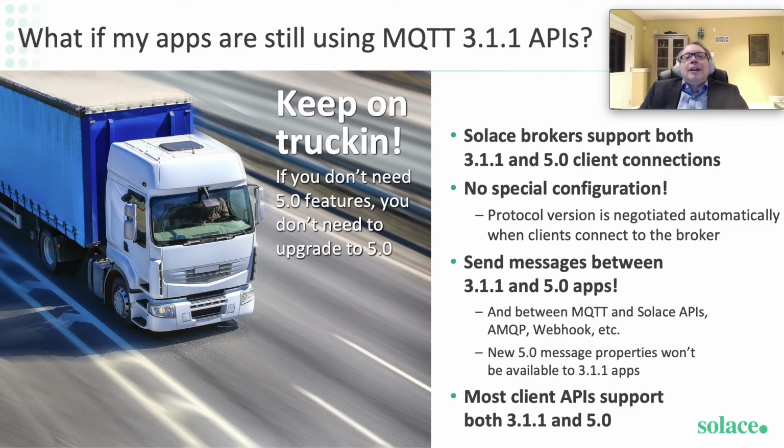There's no need for you to rush to upgrade those things to MQTT 5.0. Both protocols are supported by the Solace brokers, and you don't need anything special to support both at the same time. It's not like you have to turn on MQTT 3.1 in the client profile or turn on MQTT 5. They're both there, and the APIs and the broker will handshake and decide which protocol version to use.